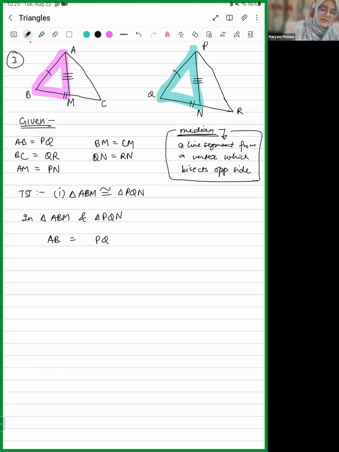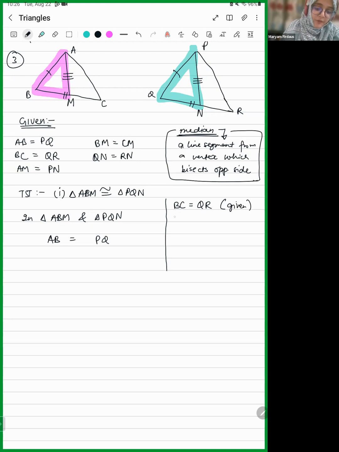It is given that BC is equal to QR. Yes, we can write that also. It will come directly from that itself. We are given that BC is equal to QR, right? It is given in the question.